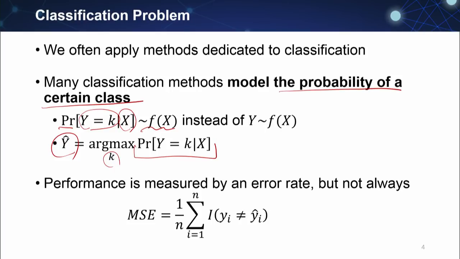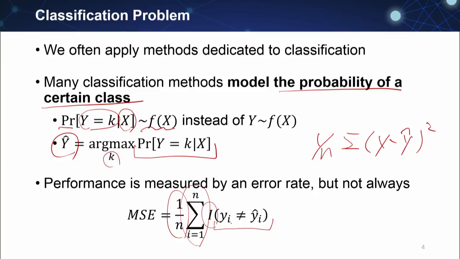Here, the mean square error of a regression is given by 1 over n times the sum of y minus y hat squared. In the classification problem, the error is measured by an error rate, which is 1 over n times the sum of an indicator function of whether y i is different from the estimated class.